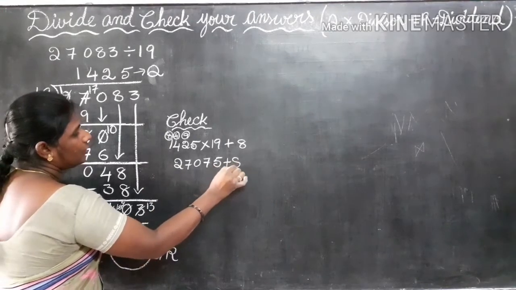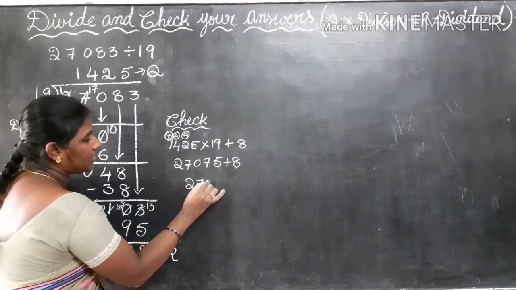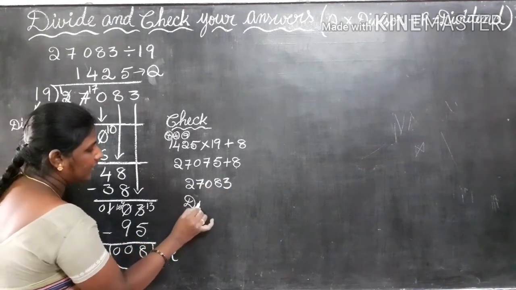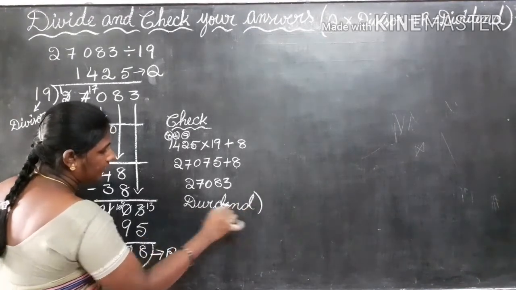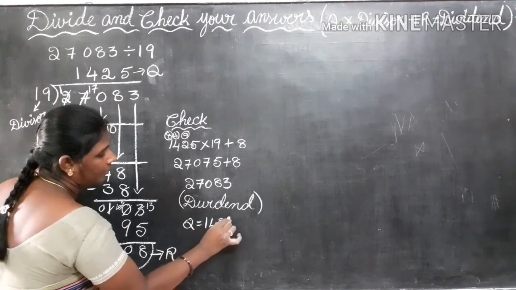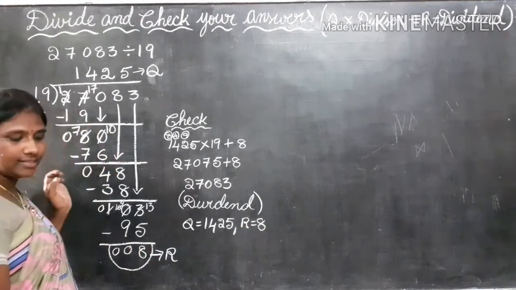So 27,075 plus 8 is 27,083. So it is the dividend. So how much do we get? Quotient 1425. Remainder is equal to 8.